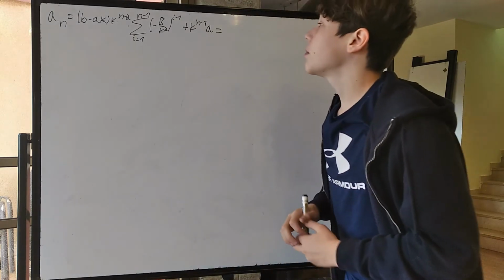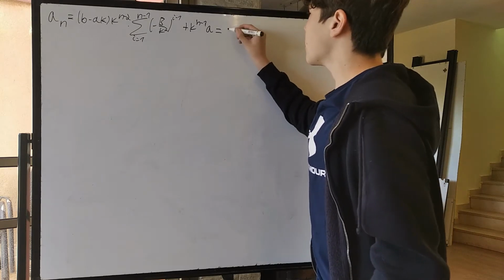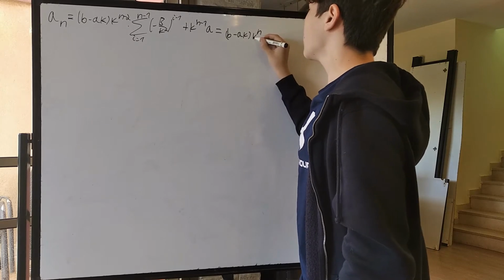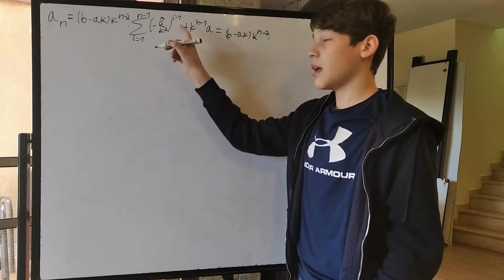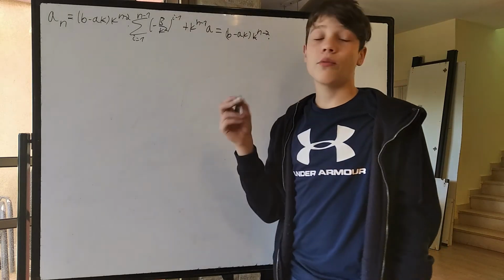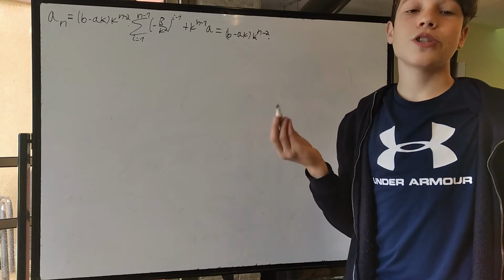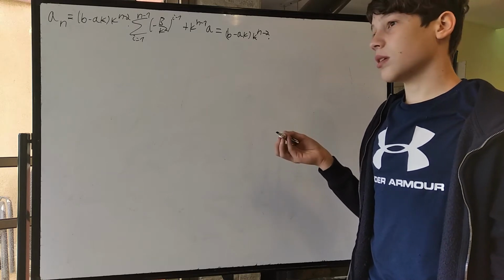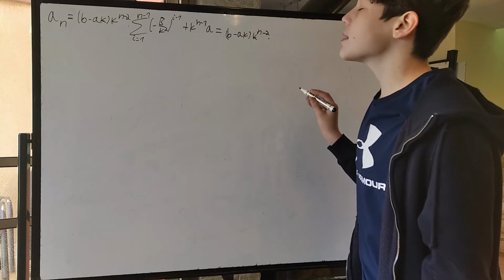Okay, let's continue. So now we know this is the sum of a geometric series. From that formula, we'll be able to say that the first term in the sequence of this geometric series, negative b over k squared to the i minus 1, when you plug in i equal to 1, you'll get negative b over k squared to the 0, which is 1. So the first term is 1, and it's neutral to multiplication, so we won't write it down.